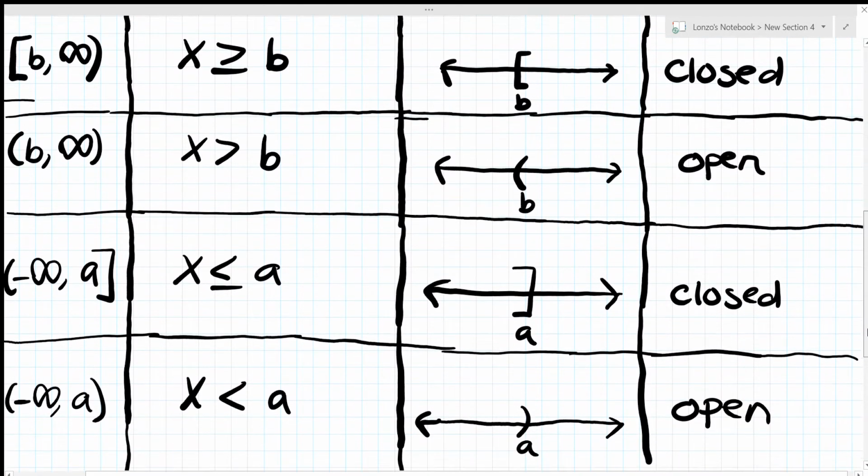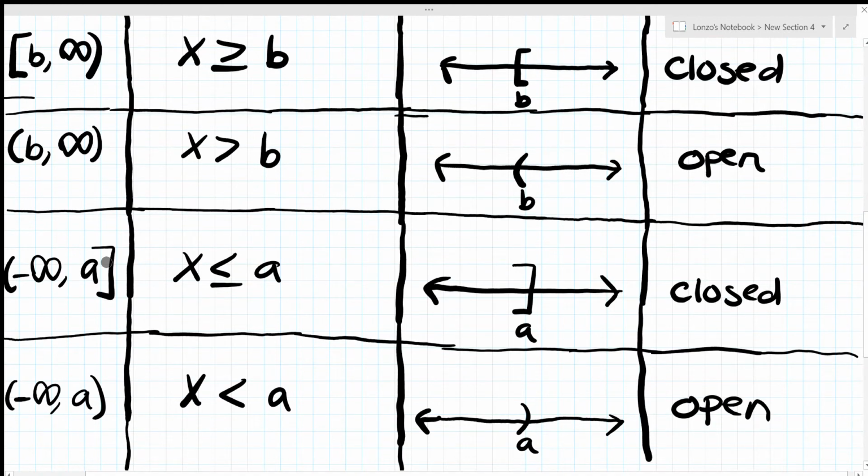So now we're going to deal with negative infinity to A with a bracket. That means from negative infinity to A, and A is included, so it's closed, so it's going to look something like this. So it's going to say x is less than or equal to A.